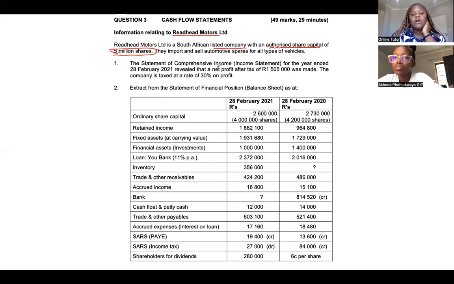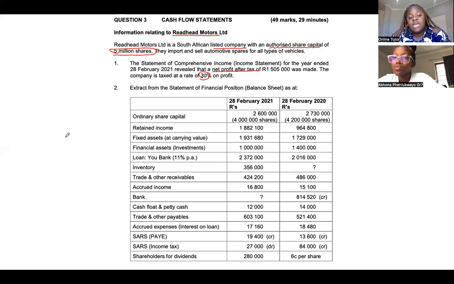The statement of comprehensive income for the year ended 28th of February 2021 revealed a net profit after tax of 1,505,000, so just over 1.5 million was made. The company is taxed at a rate of 30%.